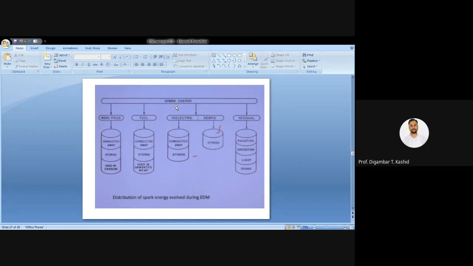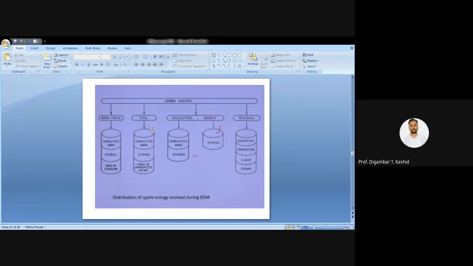Now the tool: the energy or heat taken away by the tool is again conducted away, stored, and used in unwanted wear. Ion bombardment is there on your tool, so some heat is conducted away, some is stored inside the tool, and some is used in unwanted wear.